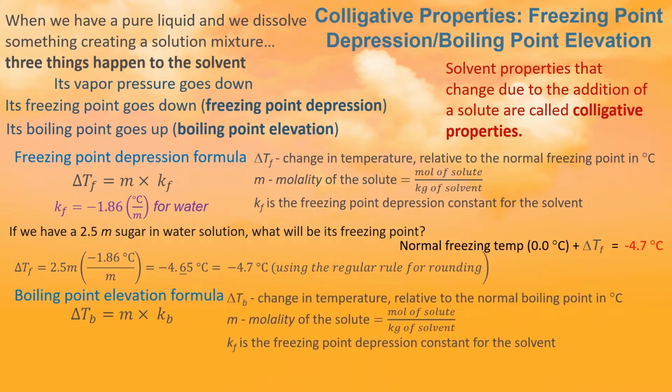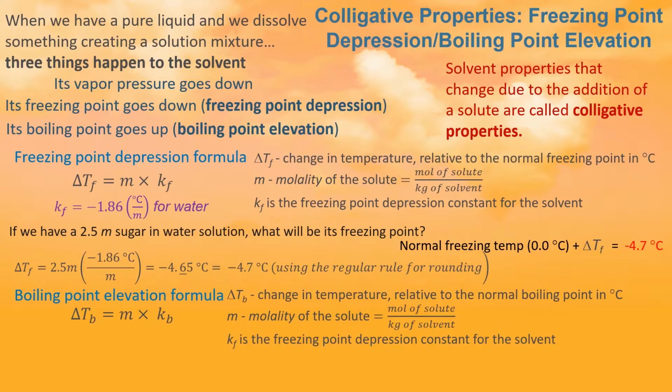The boiling point elevation behaves similarly and has a comparable formula where delta Tb is the change in the temperature of the boiling point relative to the normal boiling point of the pure substance in degrees C or Kelvin. M is the molality of the solute again, and Kb is the boiling point elevation constant for the solvent.